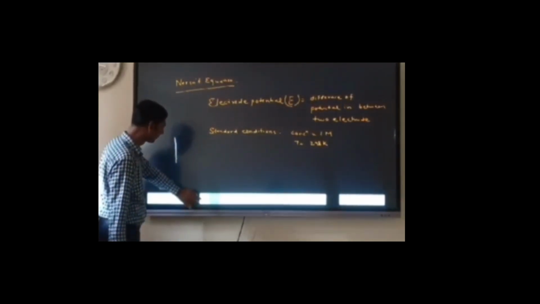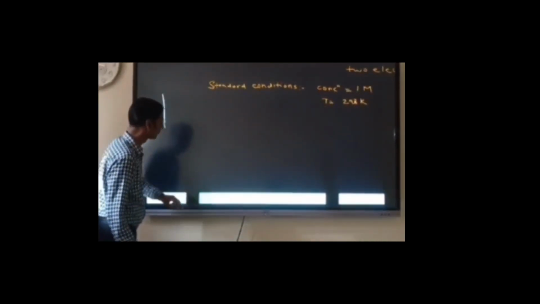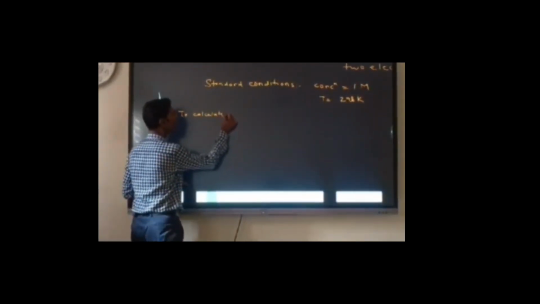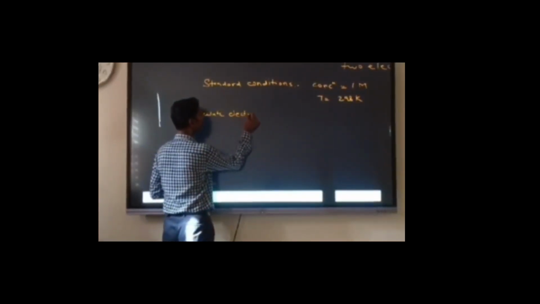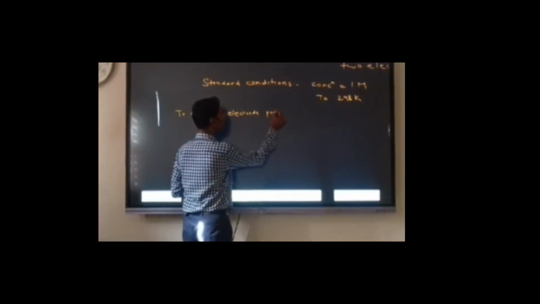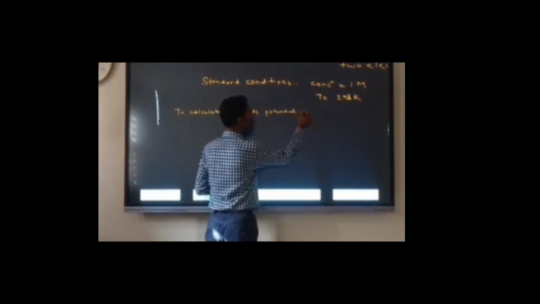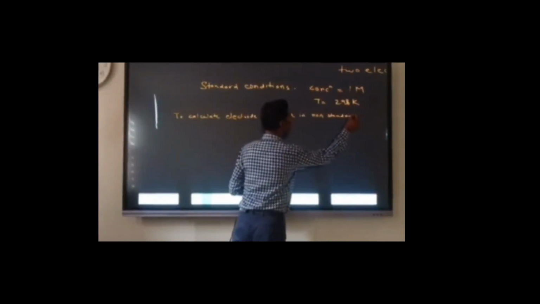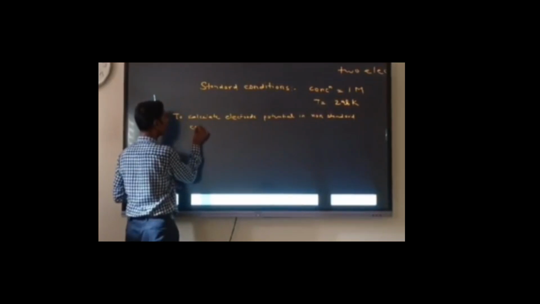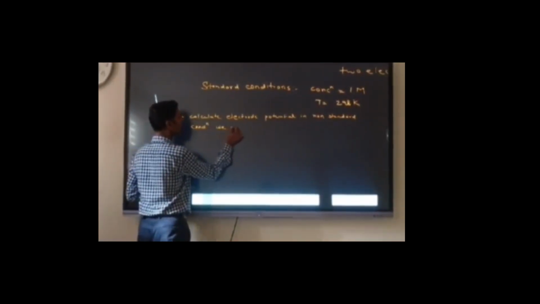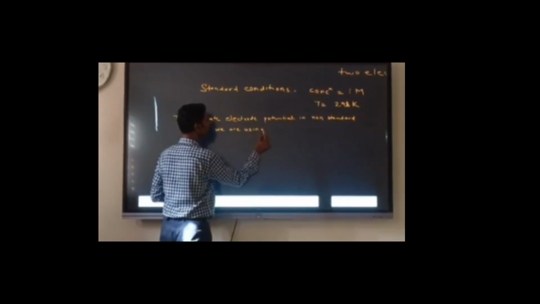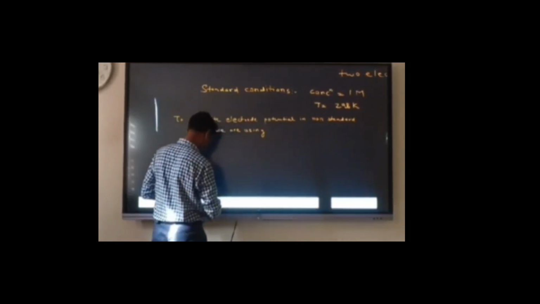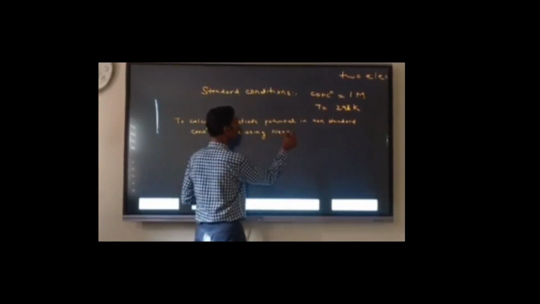So I can write here: to calculate electrode potential in non-standard condition, we are using the Nernst equation.